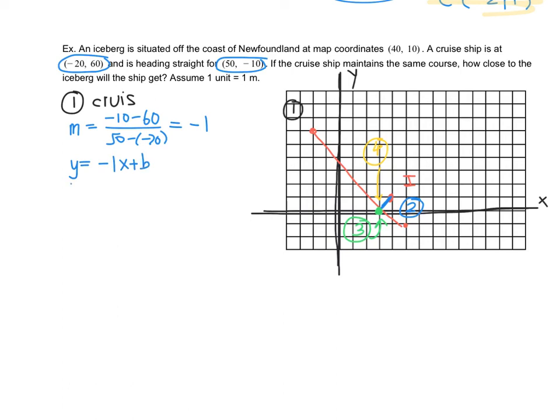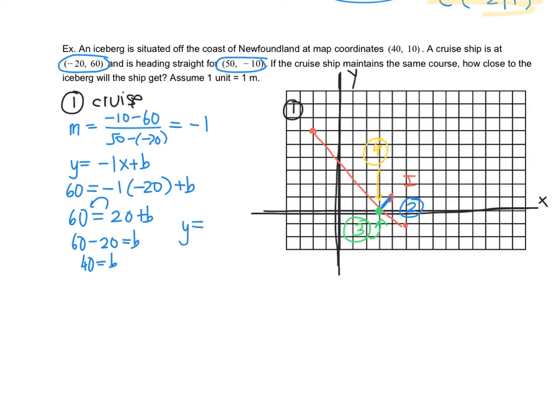I'm going to plug in that first point, so 60 for y, and then for x I'm going to put -20. -1 times -20 is +20. And when I bring the 20 over, we change the sign. So hopefully for your y-intercept you got 40, making your cruise ship equation y equals -x plus 40. Now if you made a mistake with that, check to see where you made your mistake. And then from here, maybe pause the video and fix your point of intersection later on.